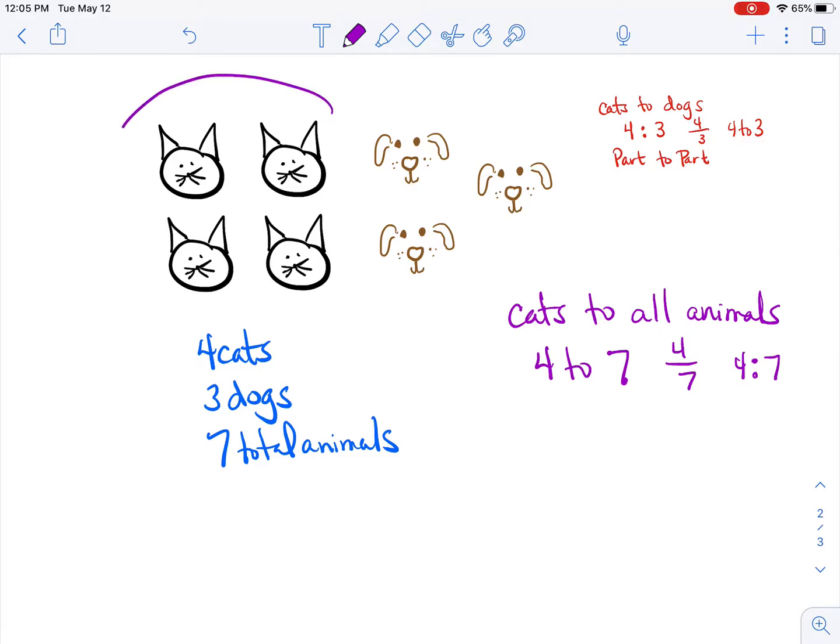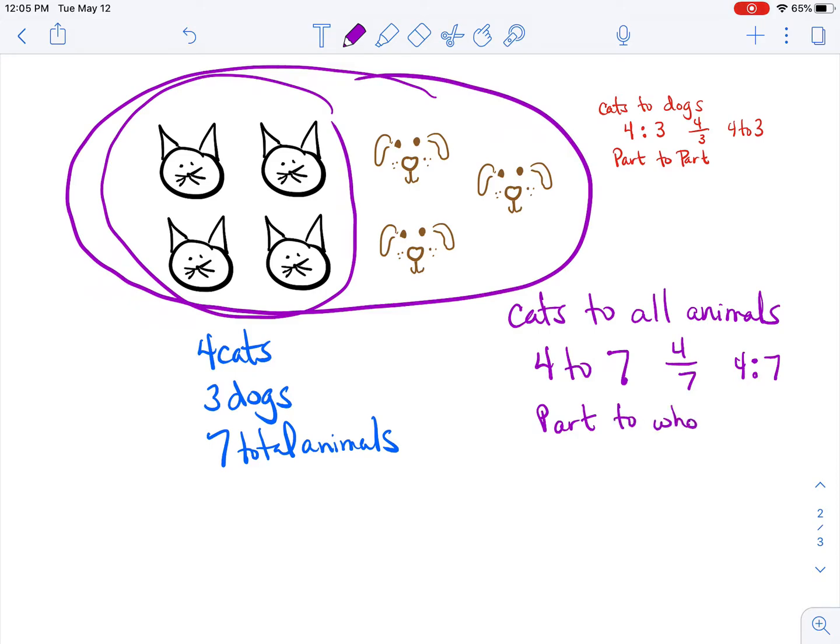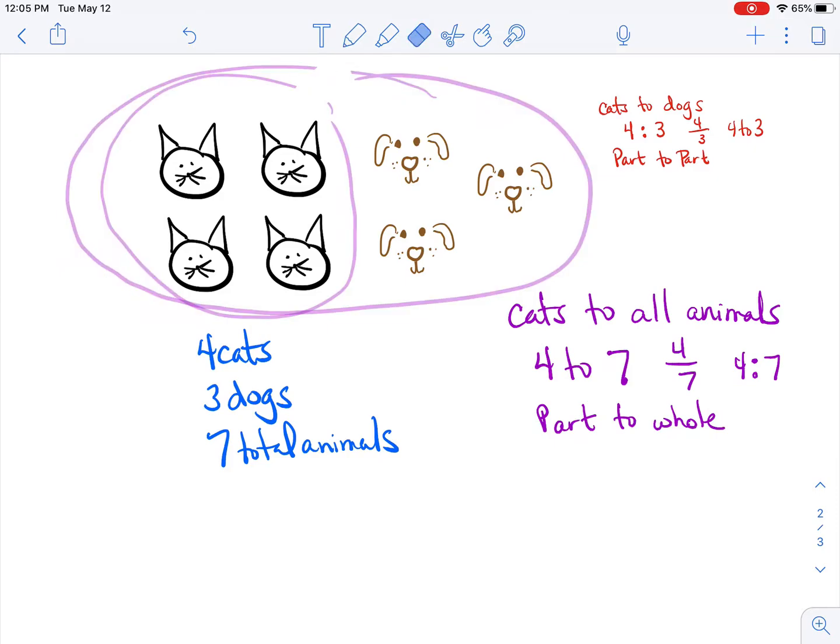Cats are part of the group, so that is part. And all of the animals includes the cats, so that would be whole. So this would be a part to whole ratio, cats to all animals.